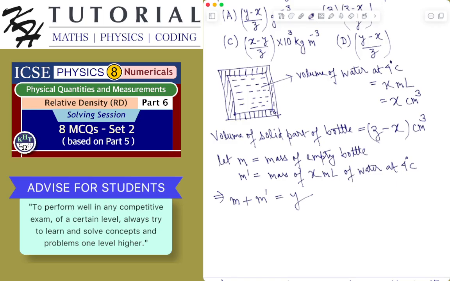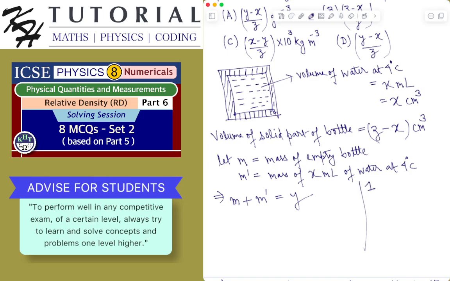I think we can find m dash, because the water is at 4 degrees centigrade and the volume of the water is x centimeter cube.